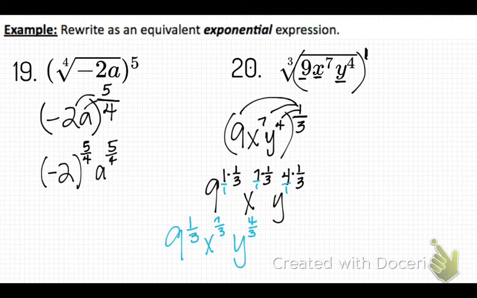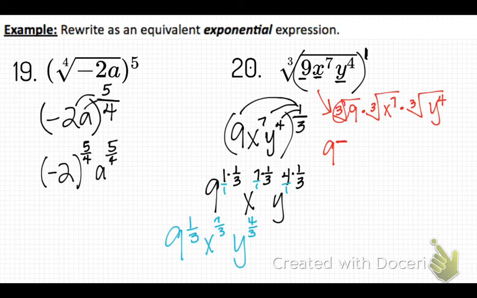Okay. Now from last week, some of you liked it better when I separated the radical from the beginning when we were simplifying. So I can also write this as the cube root of 9 times the cube root of x to the 7th times the cube root of y to the 4th. Bless you. So when I separate the problem, now I have 9 to the, what's the root?